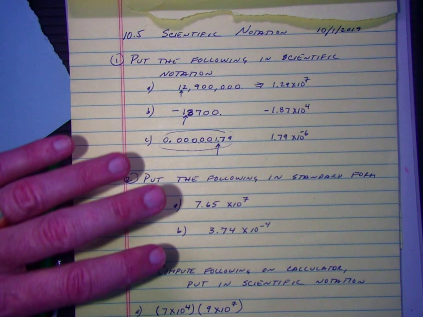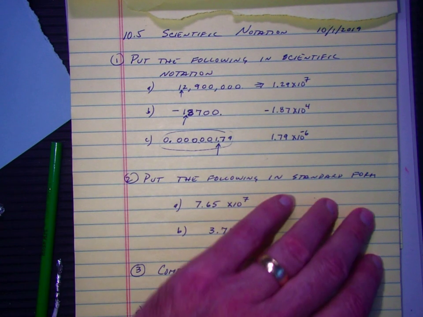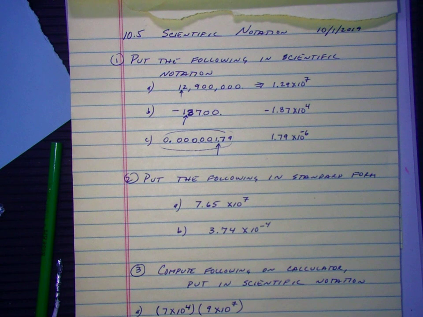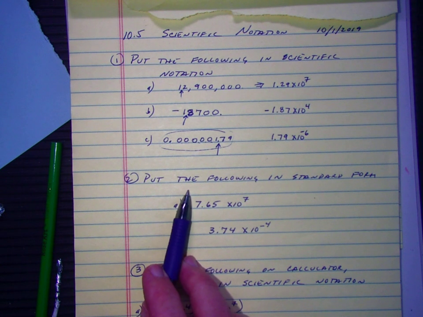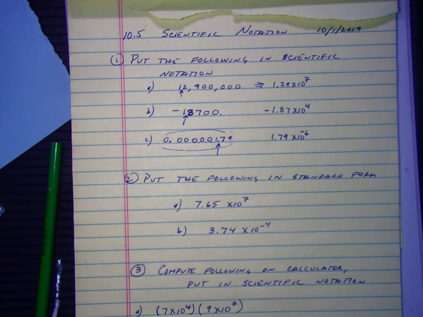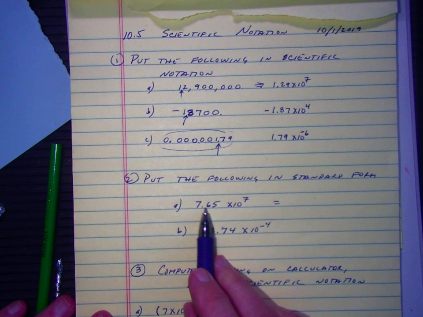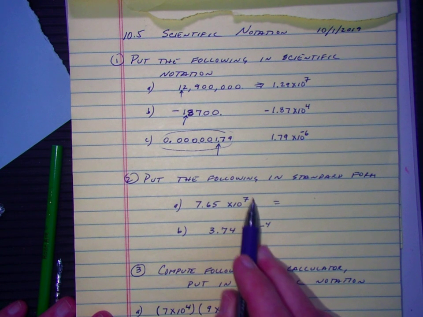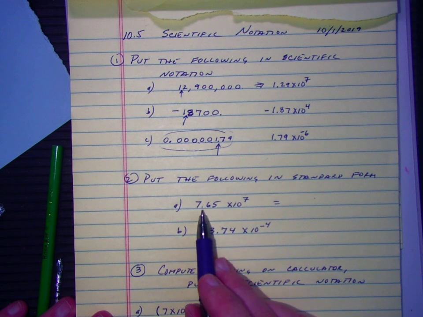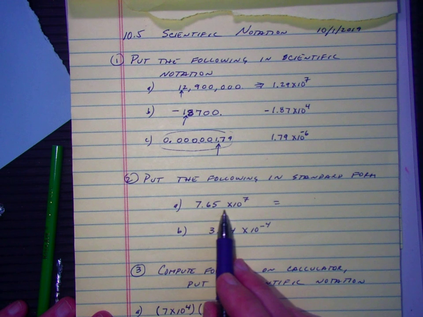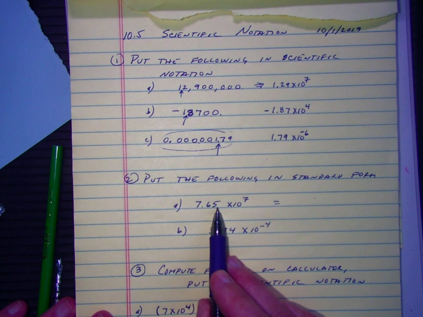Now we're going to go from scientific to standard. Standard means without scientific notation. Because this is a positive exponent, I'm going to make the number bigger. In order to make a number bigger, I have to move the decimal to the right. Right there after the 5, I've moved it 2 spots.